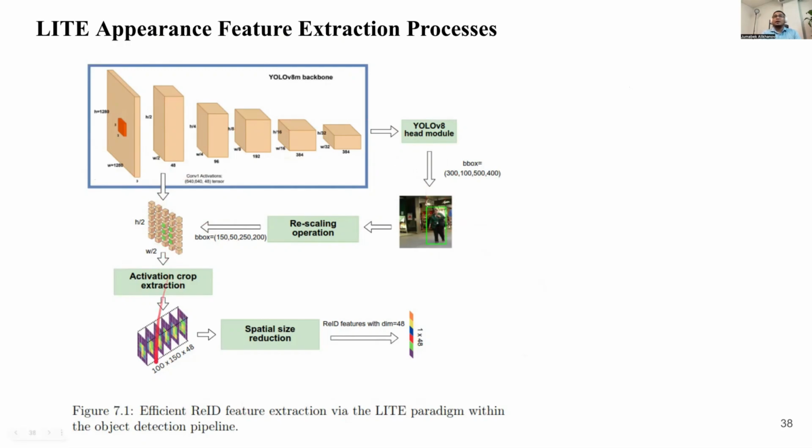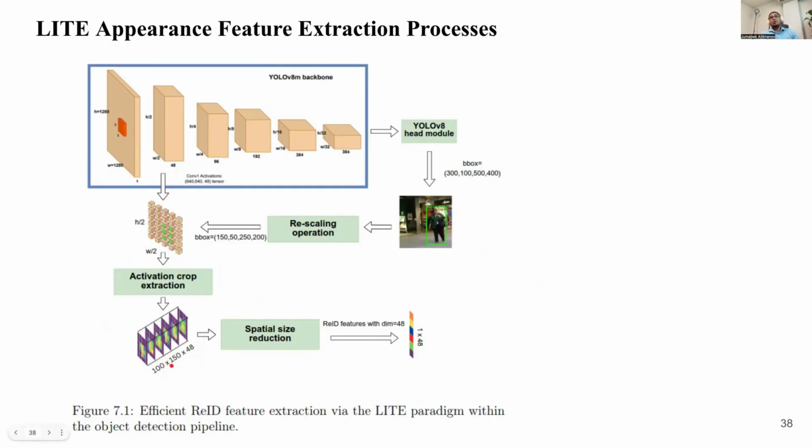We just crop it, and there will be depth. The important thing is, here 100 and 150 correspond to the dimensions of the box, right? The downscaled or projected dimensions. And 48 corresponds to the depth, that is, the activation map is 48 channels deep.